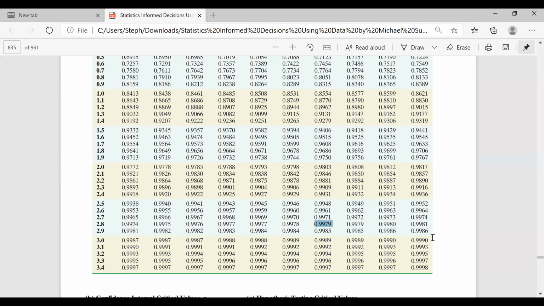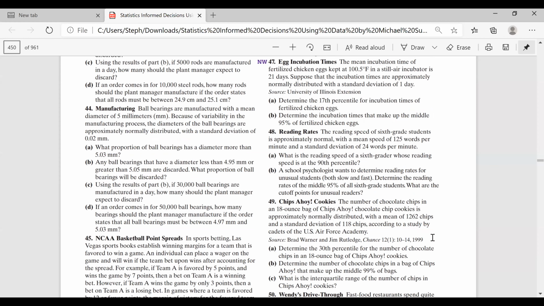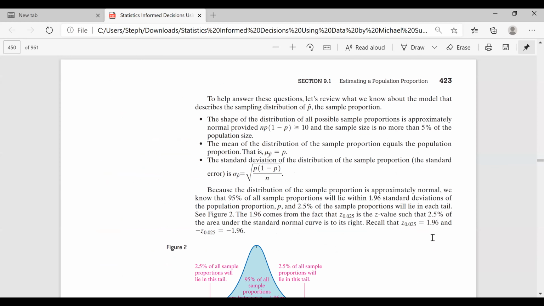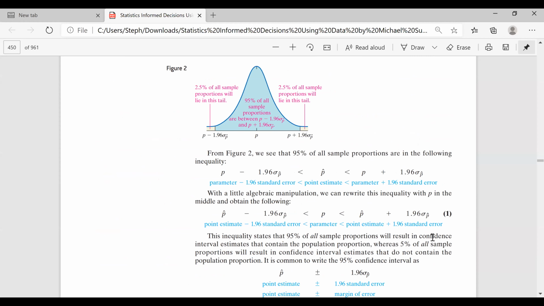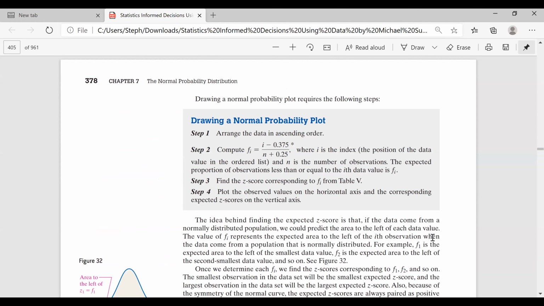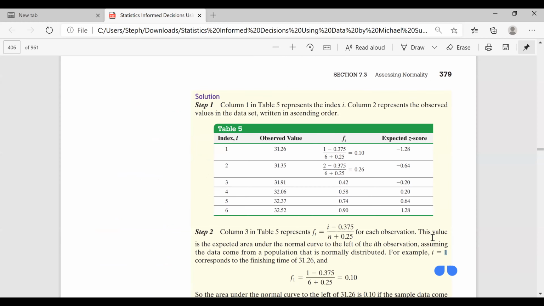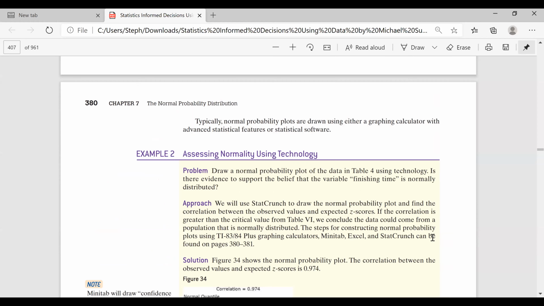Mostly I was just worried about the study guide, to make sure I had the problems so I could practice those. Oh, what page was chapter 9 for? Let's do 450. Maybe that'll work better. 9.1. Oh, shoot. Actually, I was right, because we're doing chapter 7.4. So chapter 7 was 7.3.